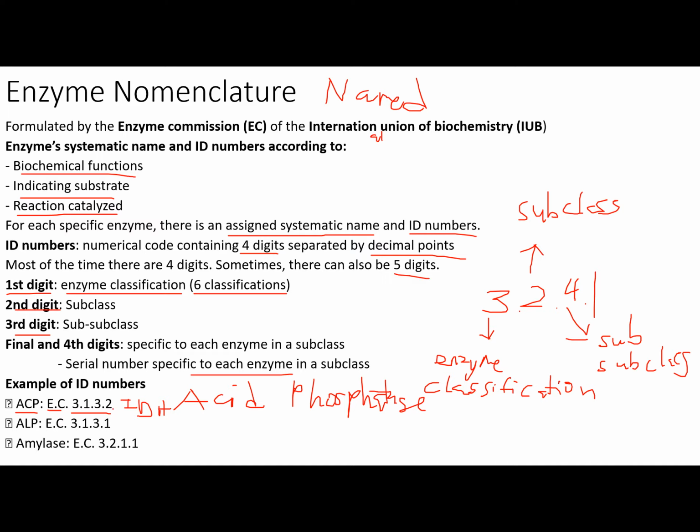They are separated by decimal points. Then you have your ALP, EC 3.1.3.1. And then you have your amylase, EC 3.2.1.1. ALP here, class, would stand for alkaline phosphatase. So that's your enzyme nomenclature.